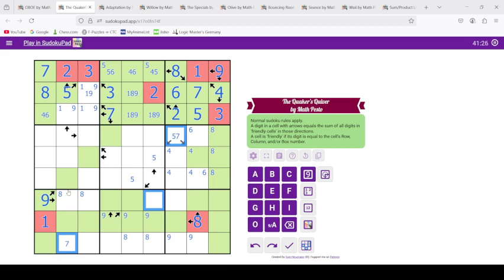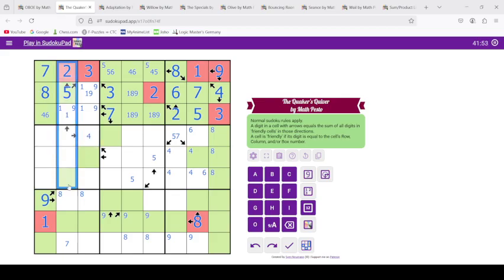Okay. These can still be 4, 5, or 6 to be friendly. What are the possible friendly cells along this? This is a 1. This could be a 4.